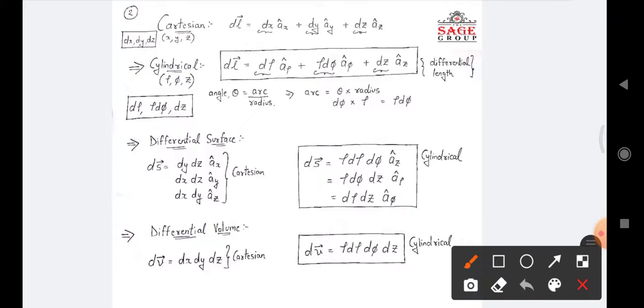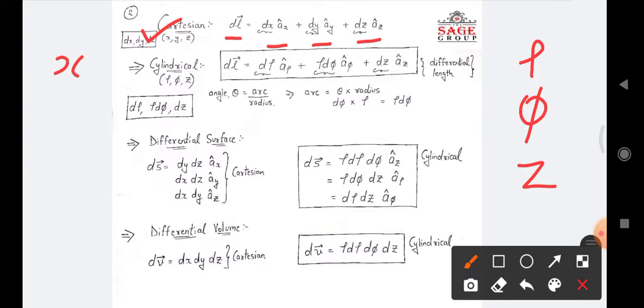Now if we start with the Cartesian coordinate system, we simply have dl equal to dx ax, dy ay and dz az. Now if we find the differential length for the cylindrical coordinate system, we know that for cylindrical the basic parameters are rho, phi and z, and for Cartesian the basic parameters are x, y and z.